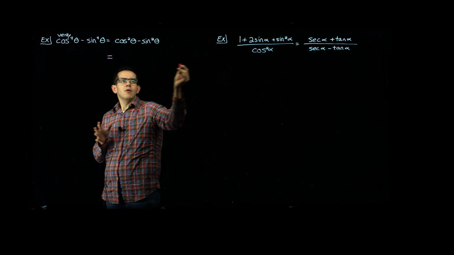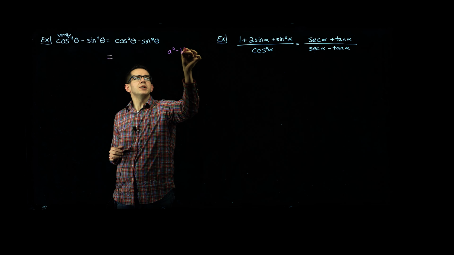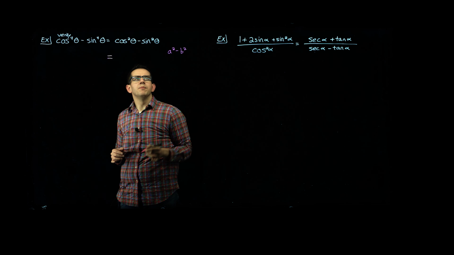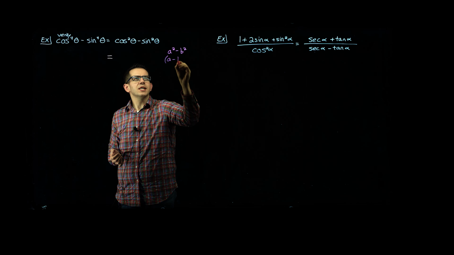If we, I'll write this off to the side, have a squared minus b squared, we can factor this. This is a difference of squares formula. This will become the square root of the first term, a, minus the square root of the second term, b, times the square root of the first term, a, plus the square root of the second term, b.